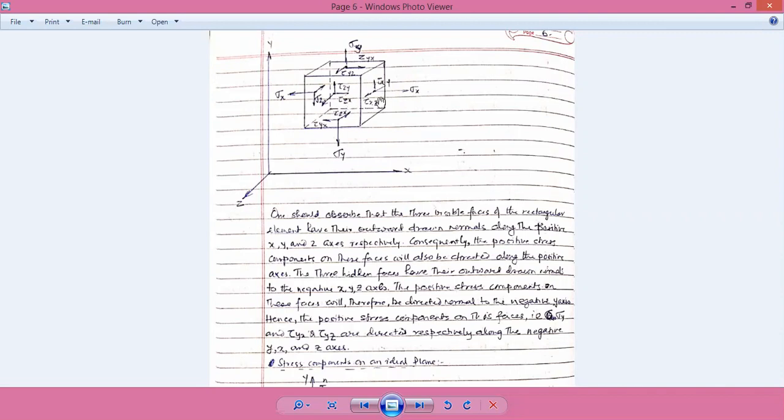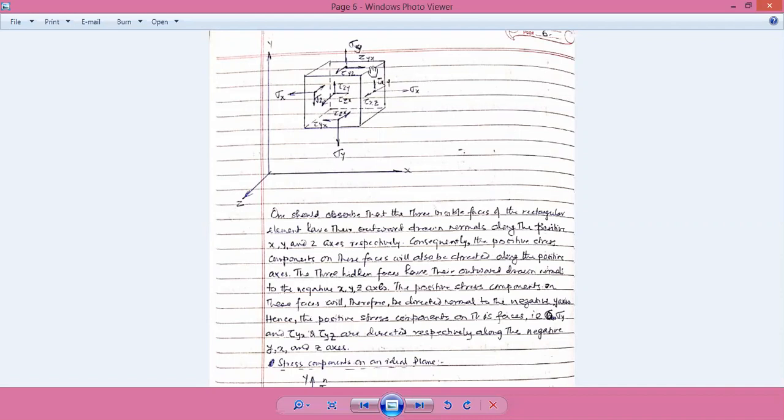So what we have here is not very clear. If the tau is acting in the positive z axis, this is positive here. This tau here is acting in the positive x, because it is acting on the x plane, and it is acting along the positive direction of the z axis.